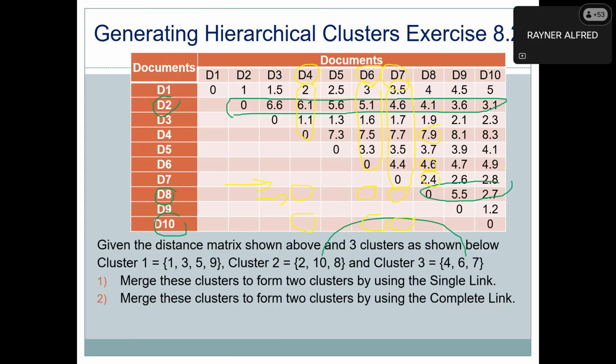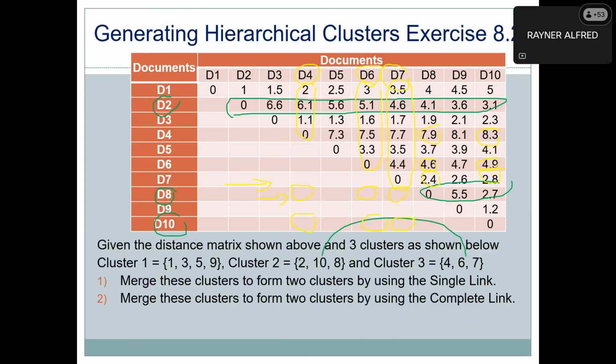Document 10 and document 7, document 10 and document 6 and 4. Okay. So based on the intersection here, the smallest one will be, which one is the smallest one? 2.4.